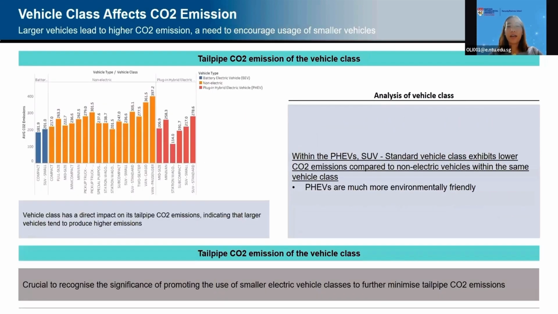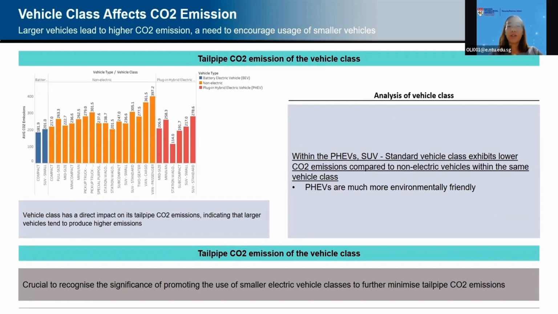It was found that the size of a vehicle has a direct impact on its tailpipe CO2 emissions, as larger vehicles are equipped with more extensive batteries and internal combustion systems to accommodate the usage demands. Notably, PHEVs in the SUV standard vehicle class exhibit lower tailpipe CO2 emissions compared to non-EVs within the same vehicle class.